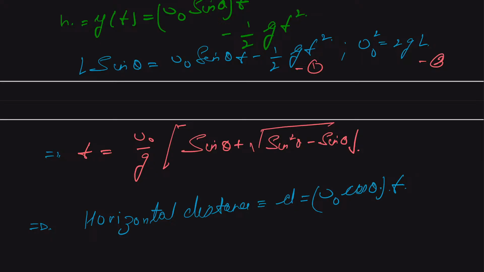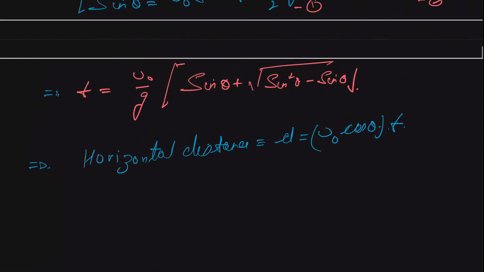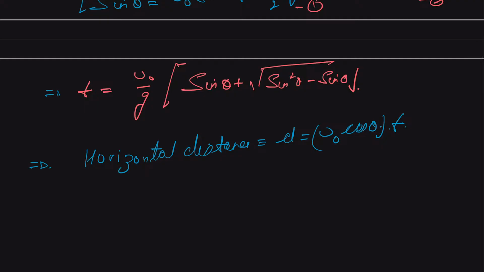Okay. And this is going to give us that our d will be equal to L sine of 2 theta.